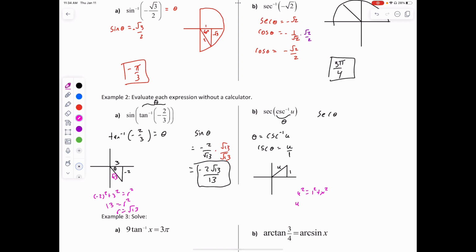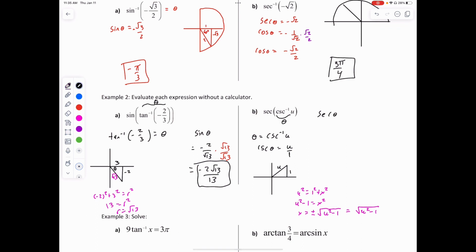That means u squared minus 1 equals x squared, or x is equal to plus or minus the square root of u squared minus 1. However, cosecant is only defined in the same places as sine, in these first two quadrants, so this is really going to be just the positive square root of u squared minus 1.